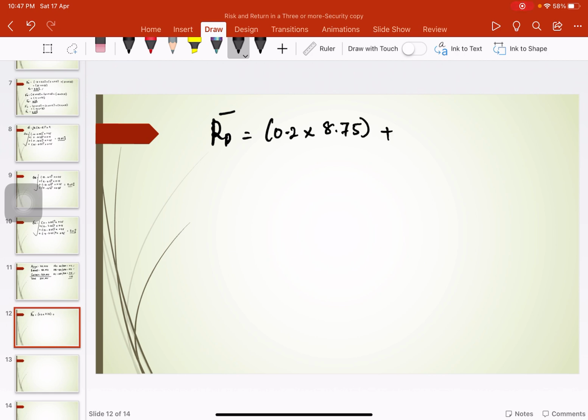Plus B tadi 30%, 0.3 times dengan expected return B, mula-mula tadi kita kira 4.3, and then plus weight C 0.5. So darab dengan expected return of C, mula-mula tadi kita kira, so 3.25. So expected return of the portfolio is 4.67%.